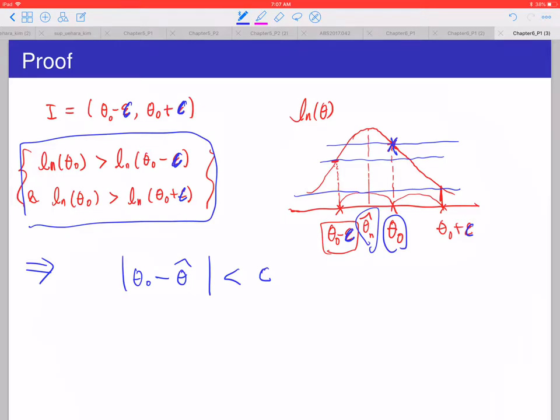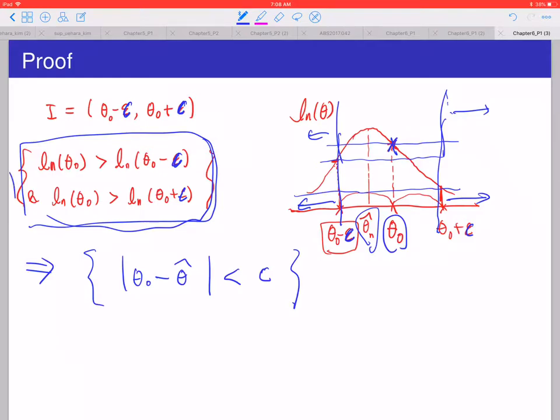The unique maximizer cannot be outside this region, right? So this is the range, and the maximizer cannot be located outside because of this. That means this probability will be less than this probability, and this probability converges to 1, so this probability will converge to 1.